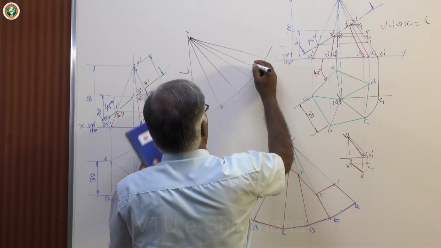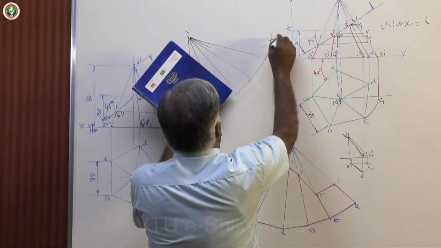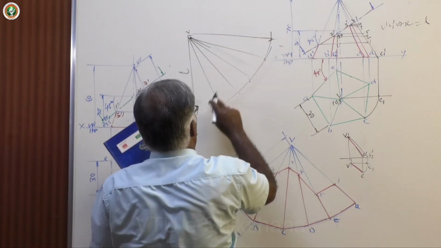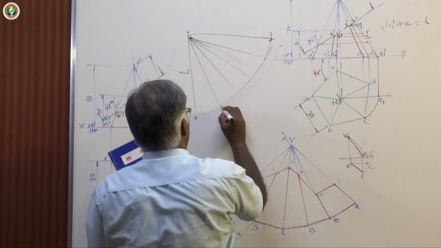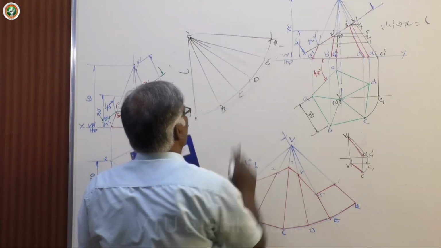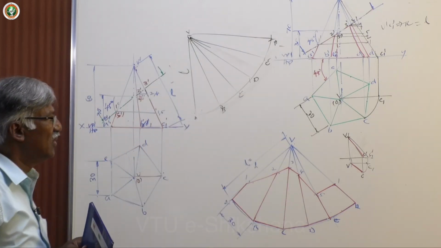Okay. 5 points. 1, 2, 3, 4, 5. So this is B, C, D, E, A. All with light lines. L equal to radius, draw arcs.